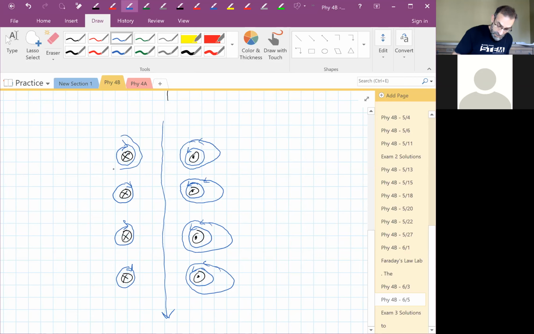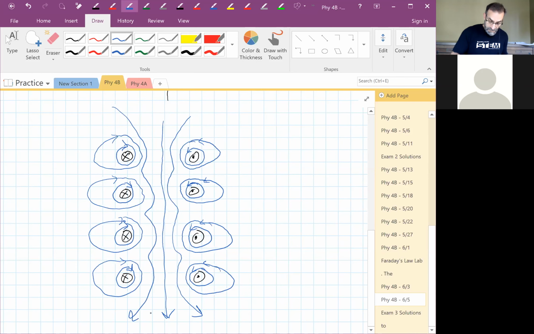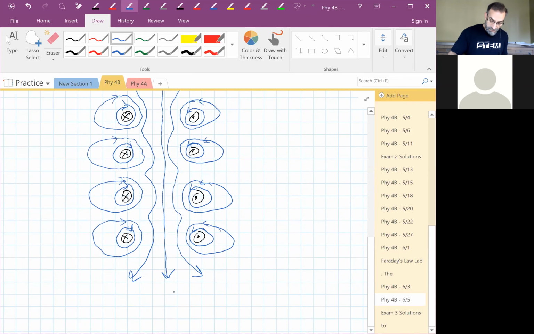Over here, similarly. And then maybe one that comes down here like this. Something like that. Okay, so there's my magnetic field, roughly.